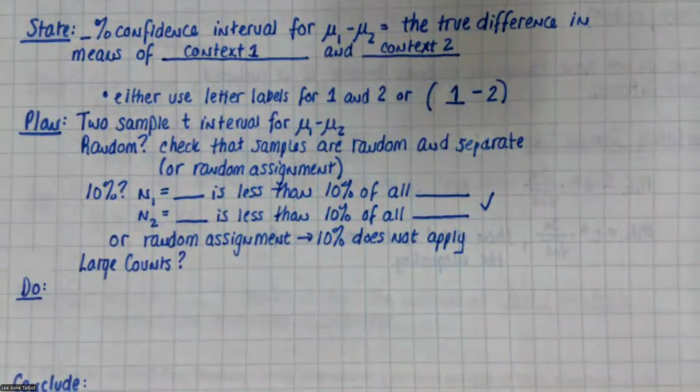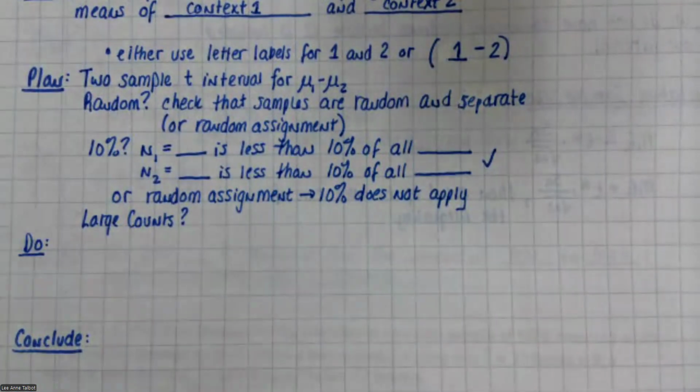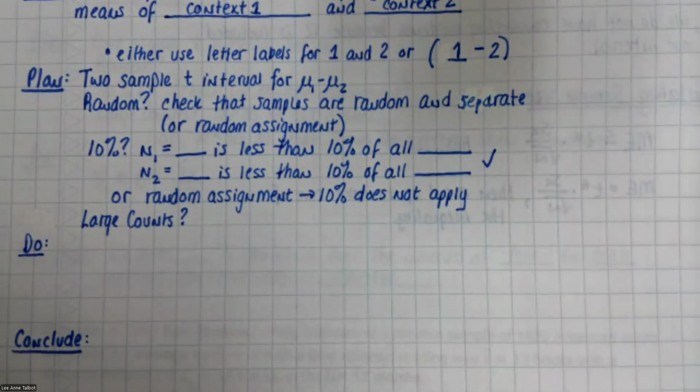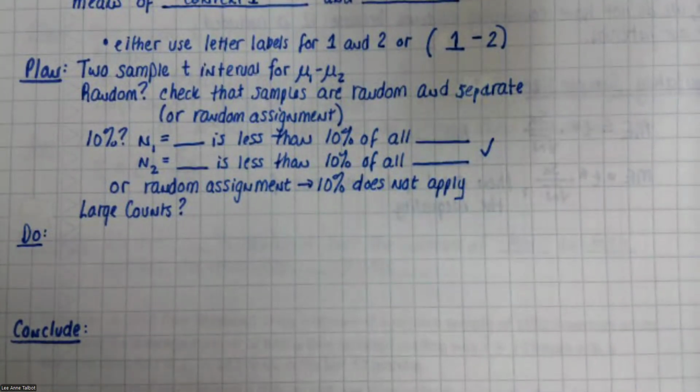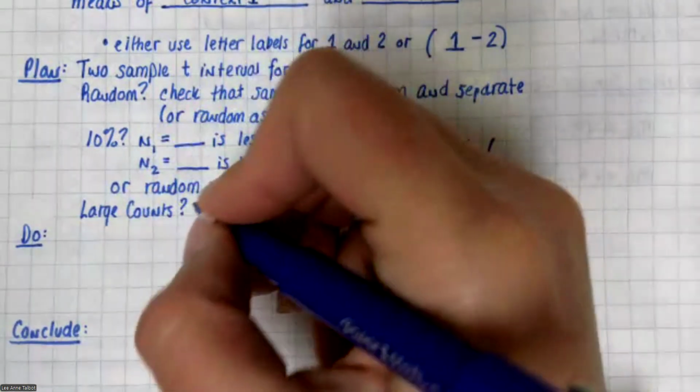Okay. What do we do for large counts for means? Perfect. However, how many n's are there in this particular thing?